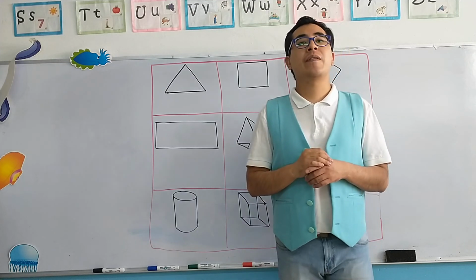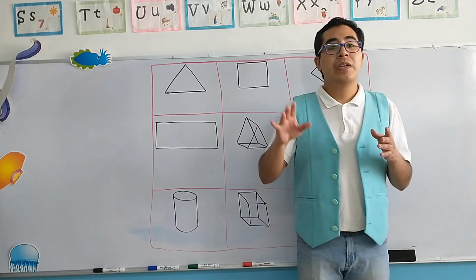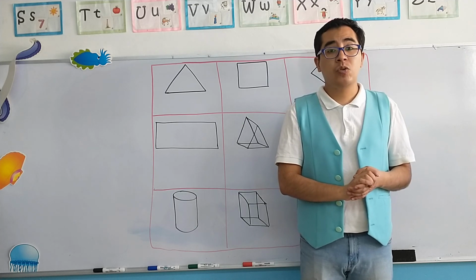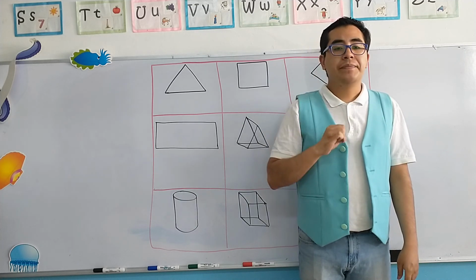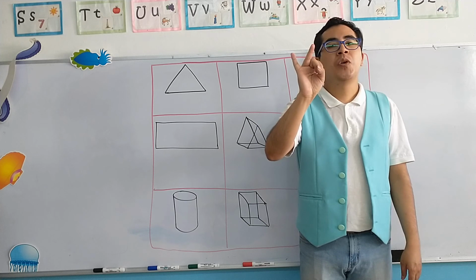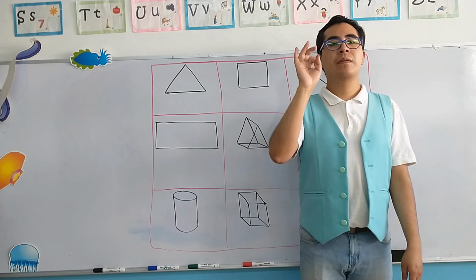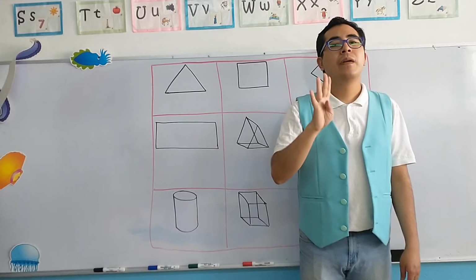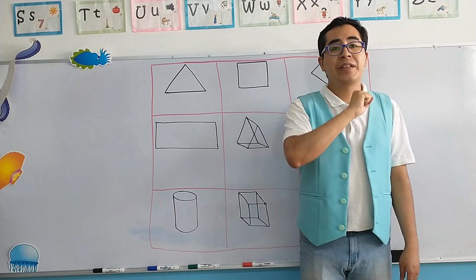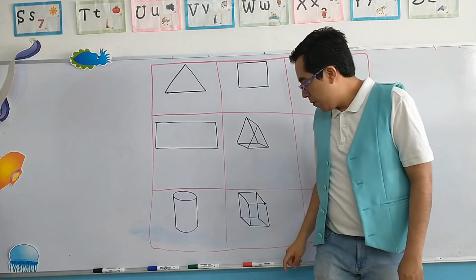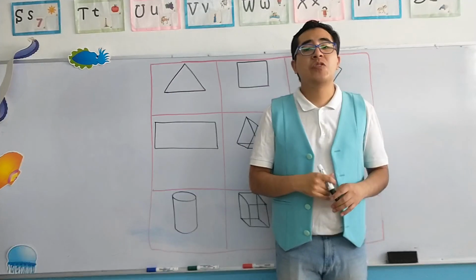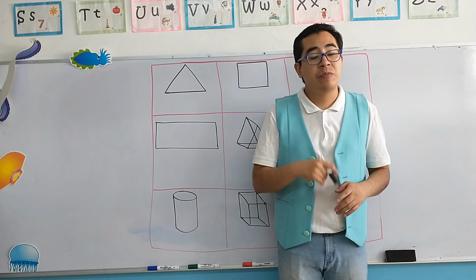Por lo tanto, si quieren trabajar junto con el teacher Jacob, tienen 5 segundos para ir por su hoja de actividades y su estuchera. 1, 2, 3, 4, 5.